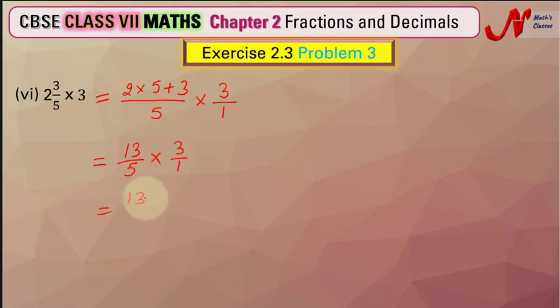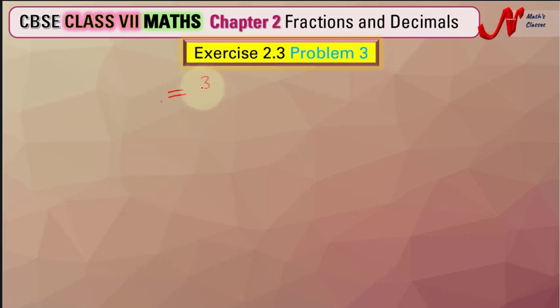It can be written as 13 into 3 by 5 into 1. 13 3s are 39 divided by 5 ones are 5. Here 39 by 5 is an improper fraction, which can be written as a mixed fraction by dividing numerator 39 with denominator 5. 5 7s are 35, by subtracting we get 4. 39 by 5 can be written as 7 4 by 5.